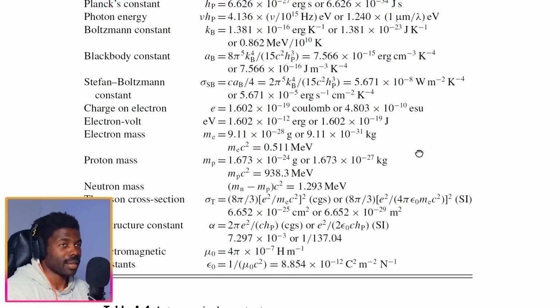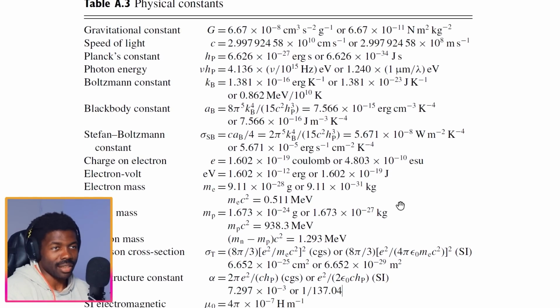Oh god. Like, for example, the Boltzmann constant and the black-body constant, right? You have joule per cubic meter, and who thought that Kelvin to the minus 4 power was a good idea?